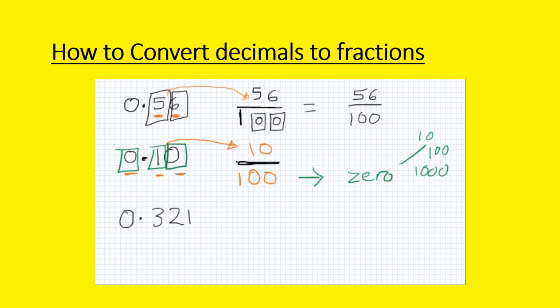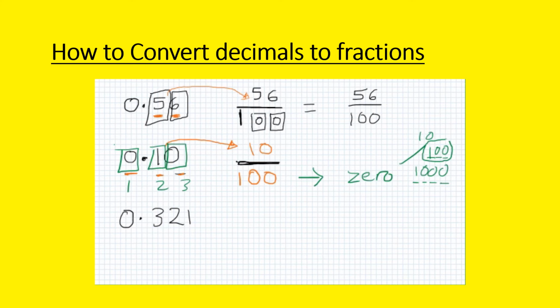This one had space for 3 digits. So that means you can't use 1,000 because that's 4 digits. We could have only used 100 because this has got 3 digits. Let's have a look at the next one.